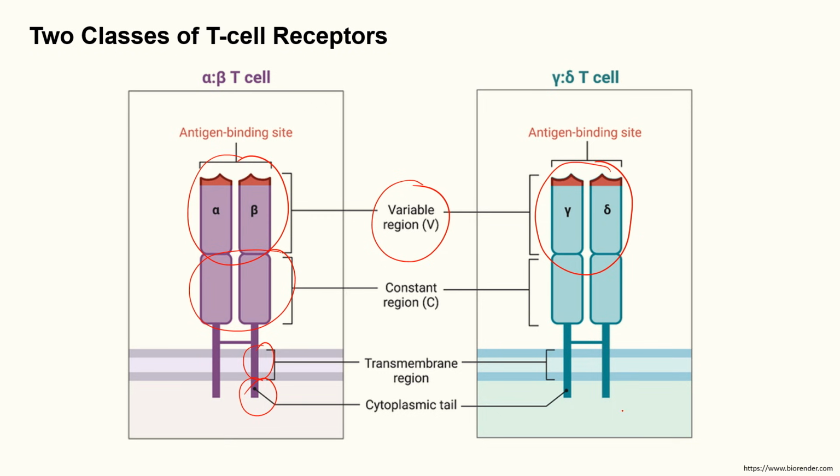In signaling we are mostly concentrating our discussion on the cytoplasmic tail, because this is the site where the proteins can dock and do phosphorylation and other signaling phenomena in order to activate the T cell population. So these are the two types of T cell receptors. One is alpha beta and the other is gamma delta.